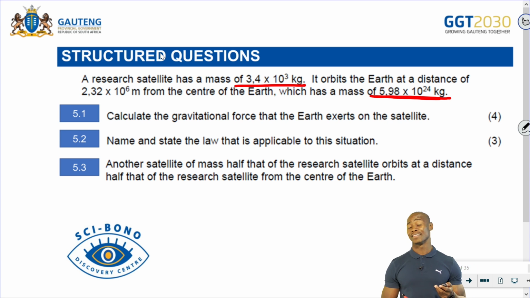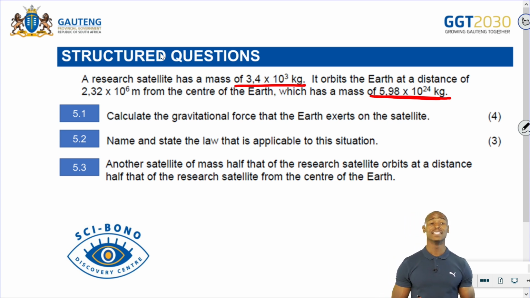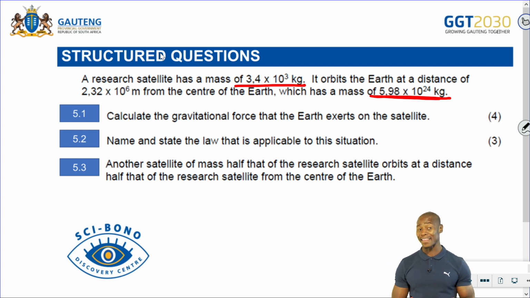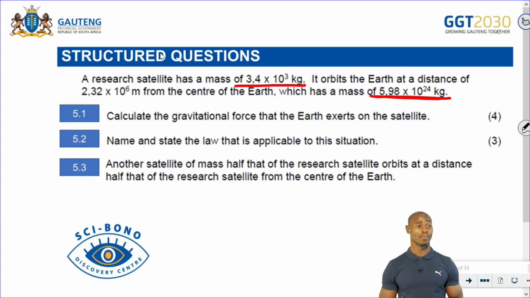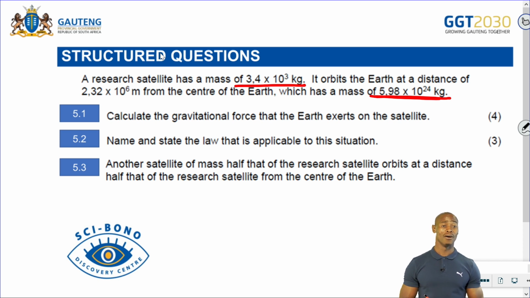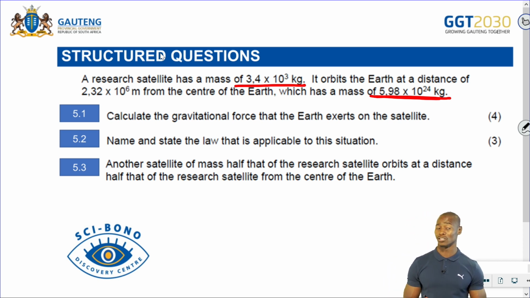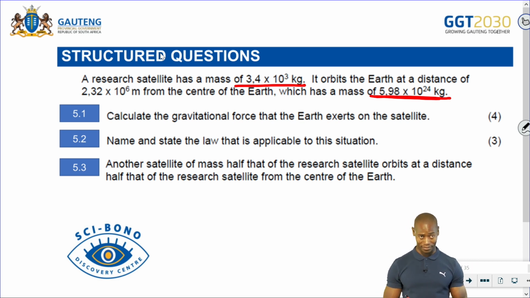Remember, the distance between the center of satellite A and the Earth is 2.32 times 10 to the power 6. But for satellite B, it is half of 2.32 times 10 to the power 6.